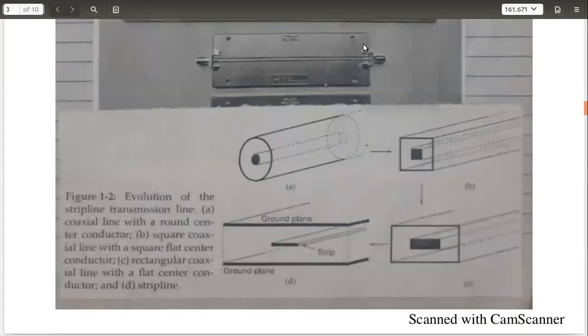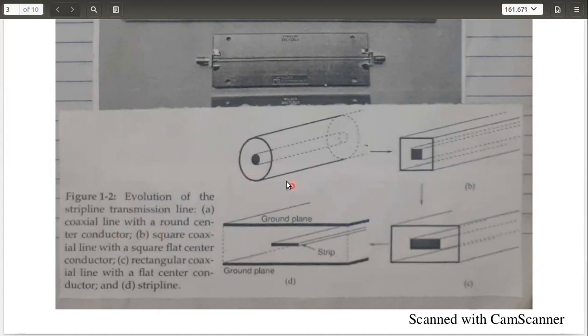Talking about its evolution, this is your coaxial cable, wherein two conductors are there, one inside the other. Then the evolution is with the square coaxial line.